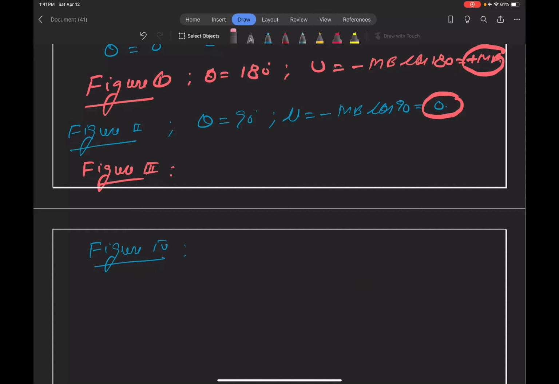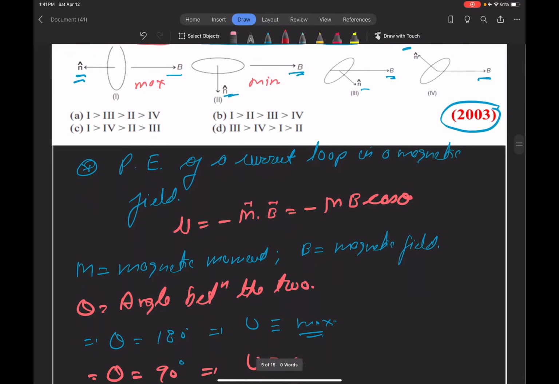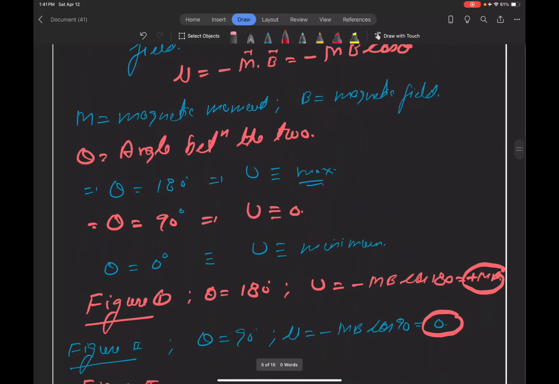Okay, so for this third figure it is given that theta is on the negative side.